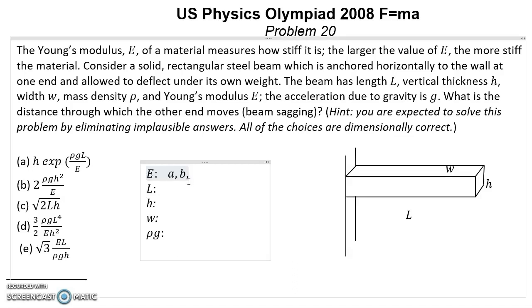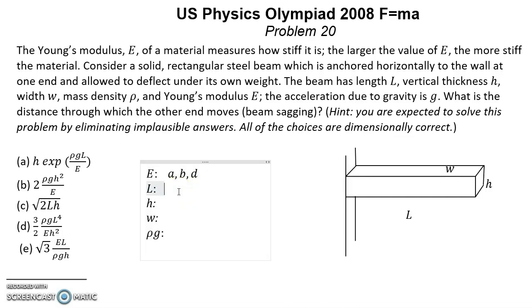C is not correct because it doesn't include E, but it must, so C is no good. D. Same thing, D is good because for the same reason, if we increase E, deflection decreases. D and E no good, we increase E and deflection increases, which is not correct.